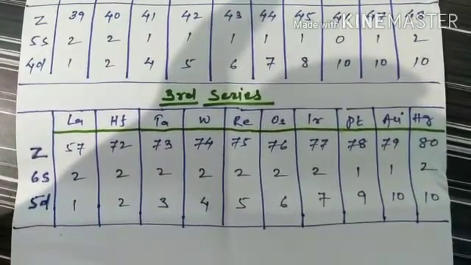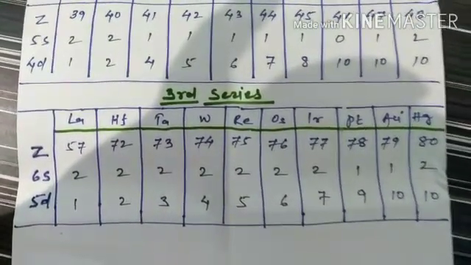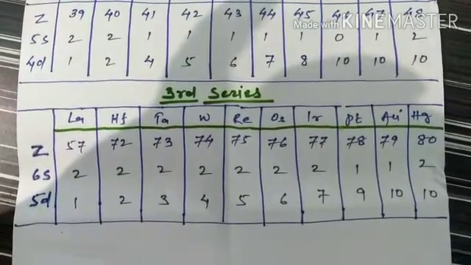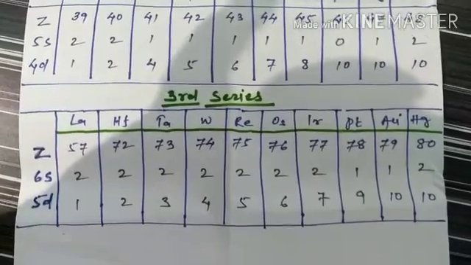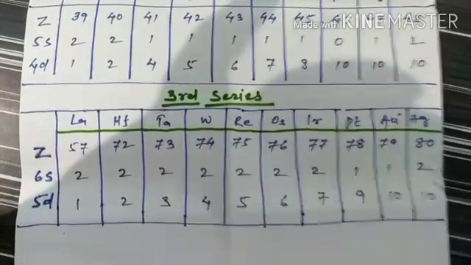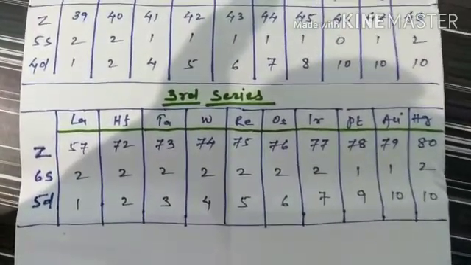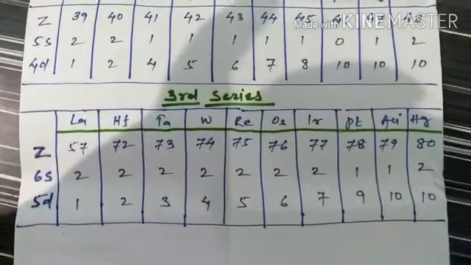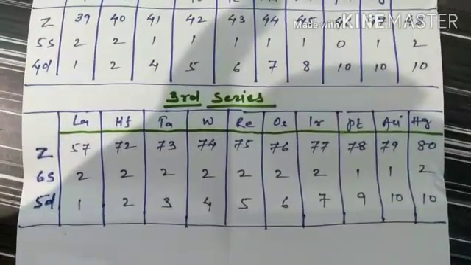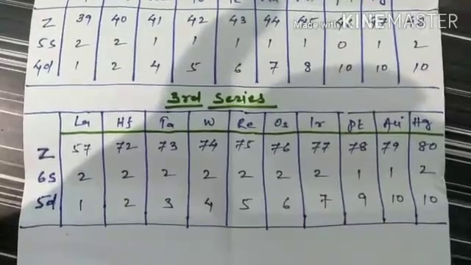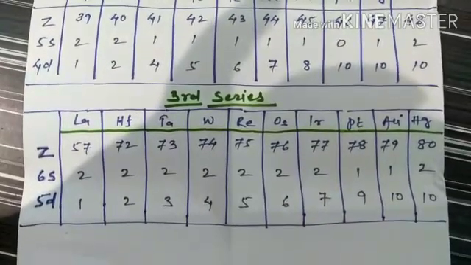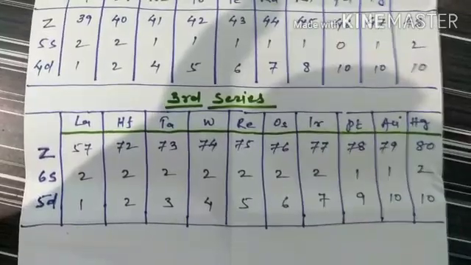Or atomic numbers from 57 to 80, in the third series: lanthanum 57, then hafnium 72 to 80 are the 5d series.